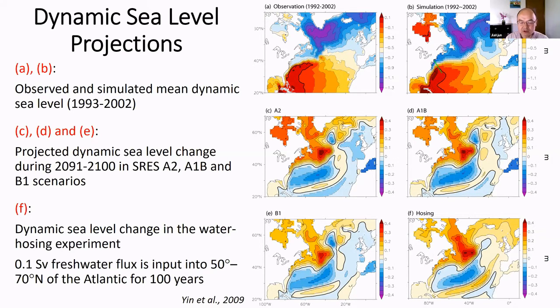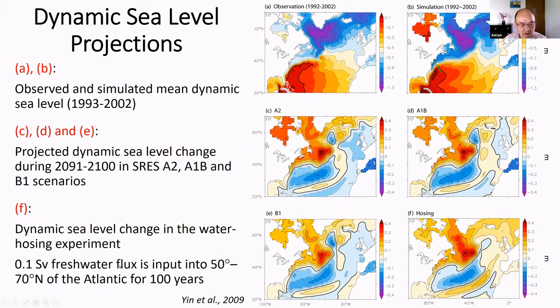To confirm the role of the AMOC, we also performed the so-called water hosing experiment. In this water hosing experiment, 0.1 Sverdrup freshwater flux is input into the North Atlantic for 100 years, while the radiative forcing is kept constant at the pre-industrial level.